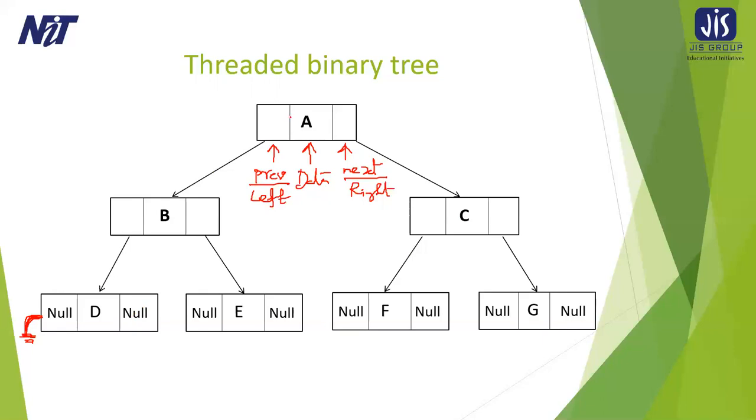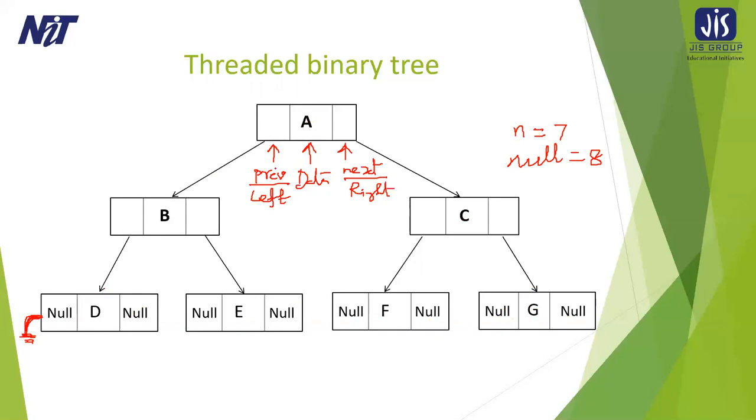So first count how many nodes are there in this binary tree. 1, 2, 3, 4, 5, 6, and 7. 7 nodes are there. So n, the number of nodes, is 7. Now calculate how many null pointers are there. 1, 2, 3, 4, 5, 6, 7, 8. So 8 null pointers are present.